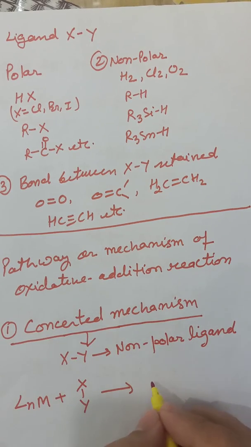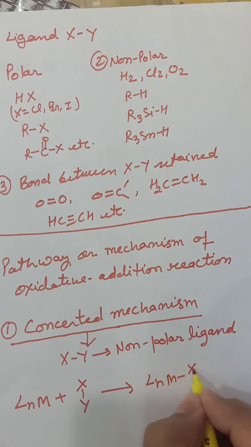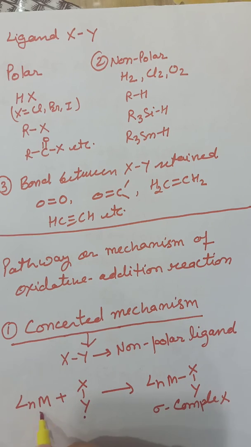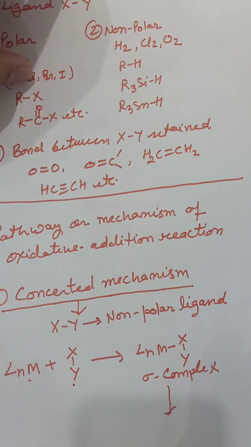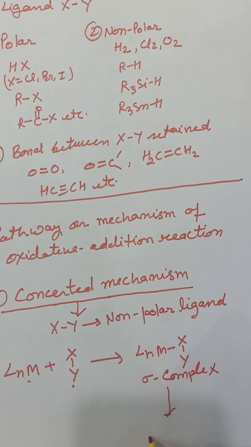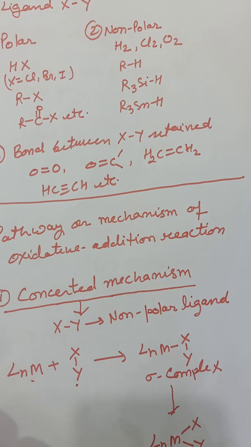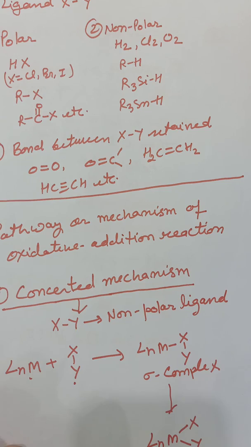First, there is the formation of a sigma complex by the coordination of this X and Y ligand with the metal through a sigma bond, and then the bond between X and Y breaks, and the bonds between metal and X and metal and Y form by the back donation of electrons from the metal to the sigma antibonding molecular orbital of the ligand.